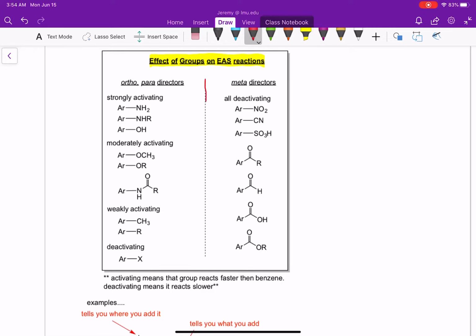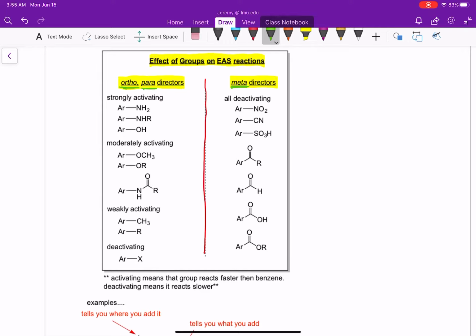There are two columns here. The groups listed in the column on the left are ortho-para directors. These groups are going to direct the substitution to the ortho and/or the para position. On the right, these groups are all meta directors. They will direct the reaction to happen at the meta position.